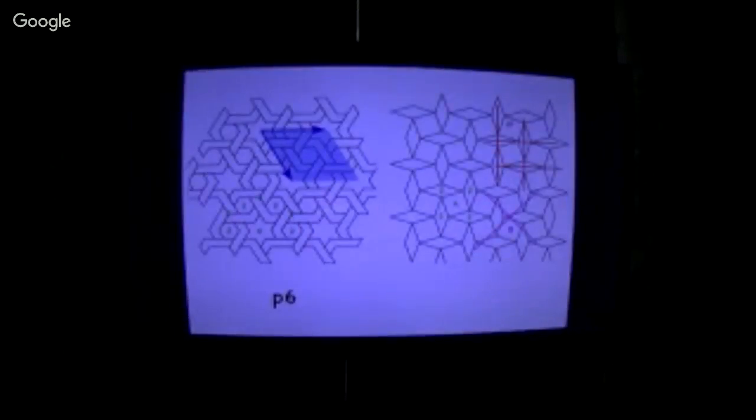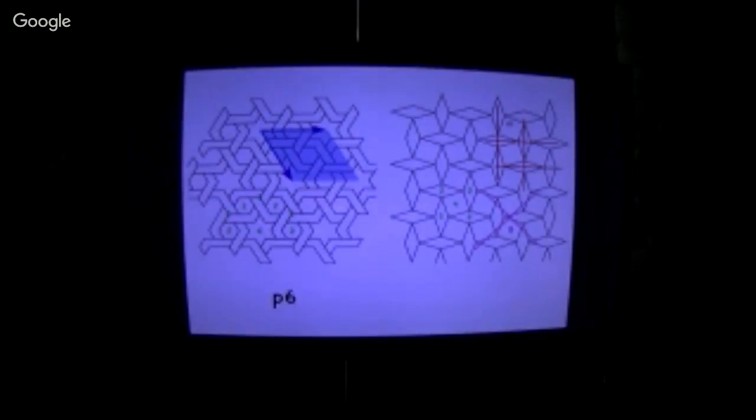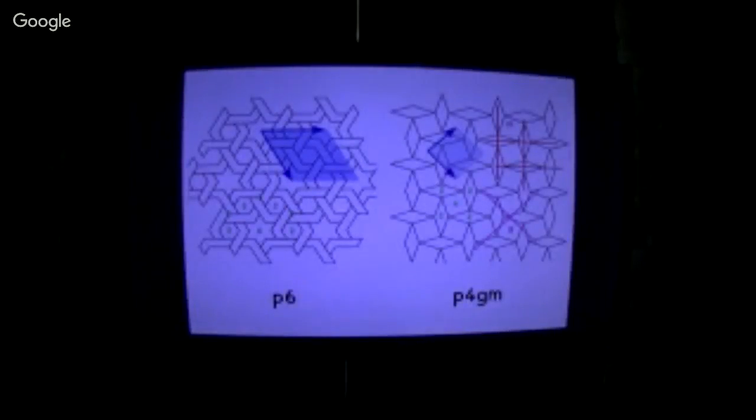I mean, you can play with these because I have given you all these pictures. So this property, the M's and 4's and so on, this is translational axis and unit cell, and this is P4GM, it's called. P4 is fourfold symmetry, G is for the glide, and M for the mirror.